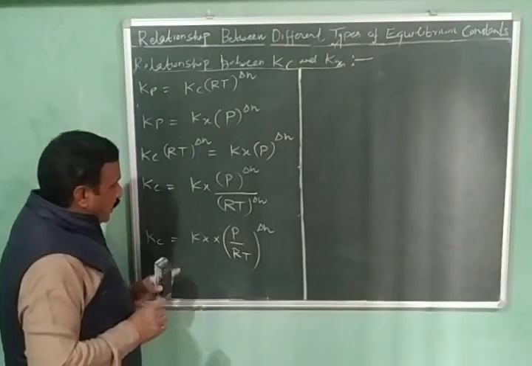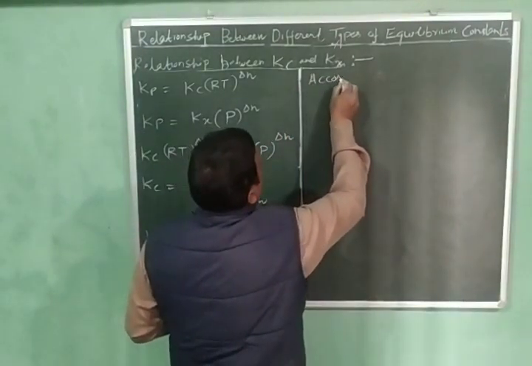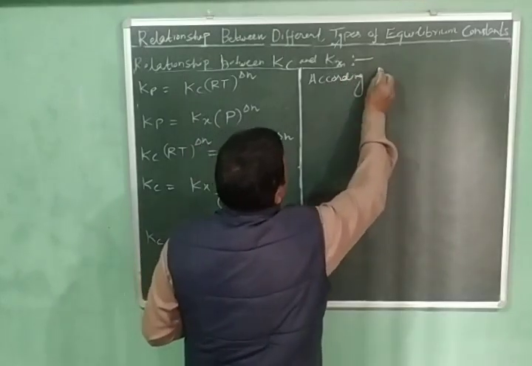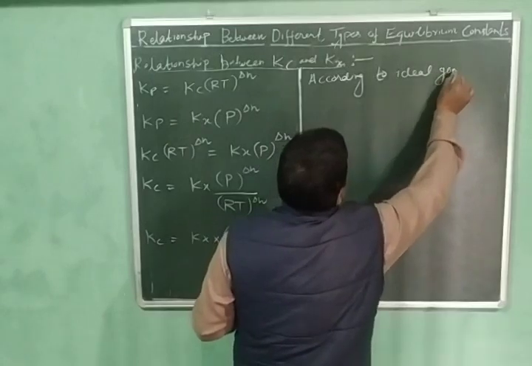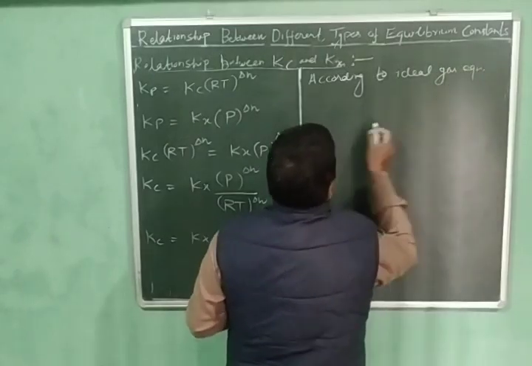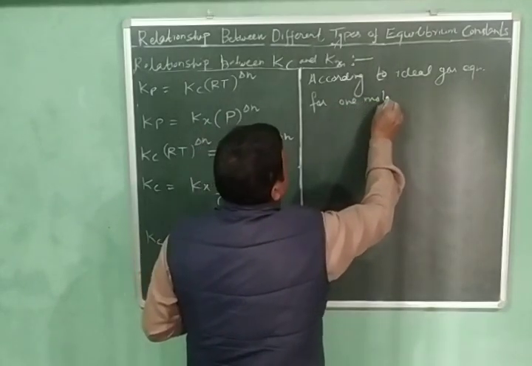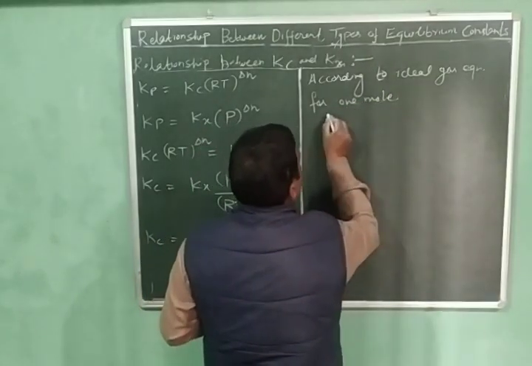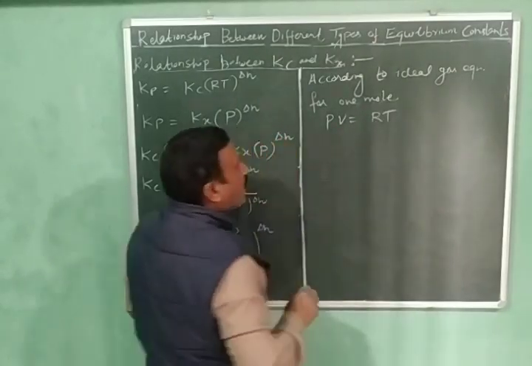According to the ideal gas equation, for 1 mole, PV is equal to RT.